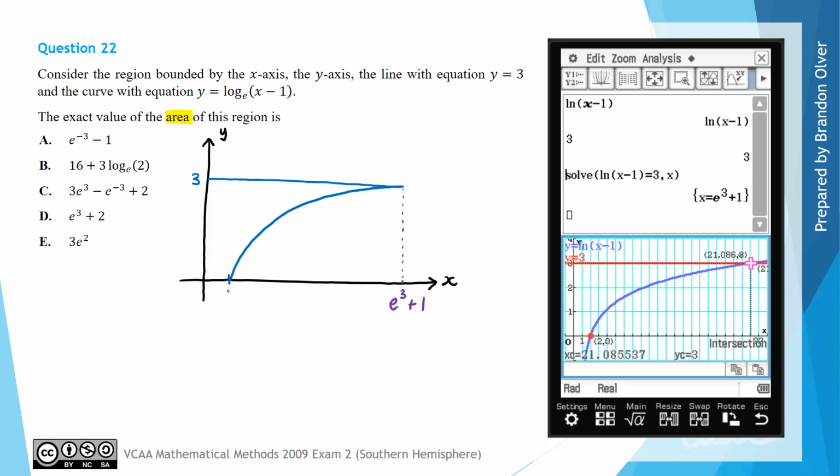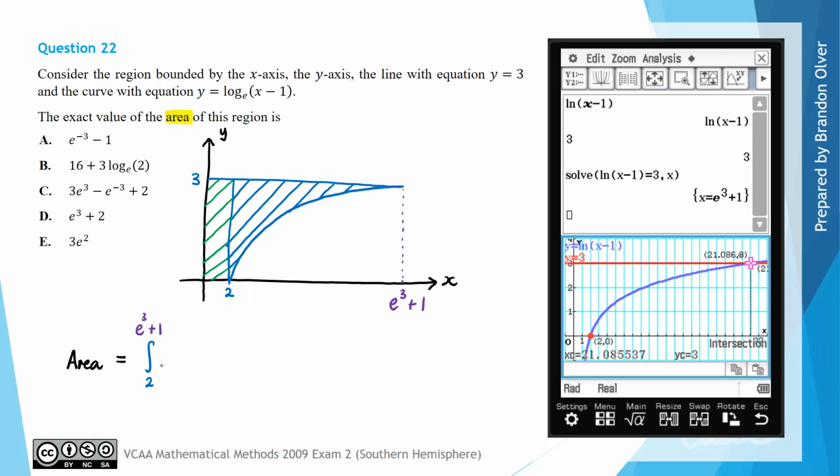And we know that this point here is 2, and we're actually going to separate out our areas into two regions. This region here is going to be an integral calculation that we can use our calculator to help calculate. And this second region, which is just here, we're going to just treat as being a rectangle. So that means that the area of the region is simply equal to the sum of those two areas. So the first area, the blue area, is the integral between 2 and the value e cubed plus 1.